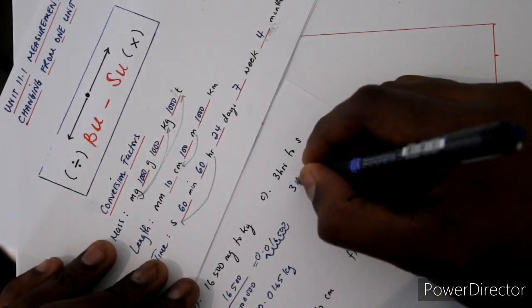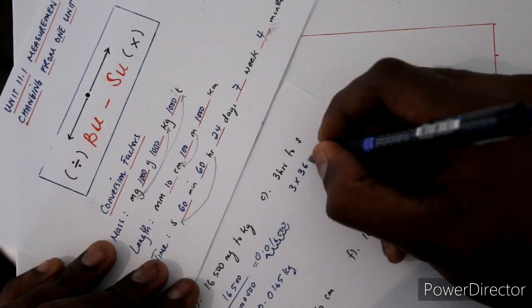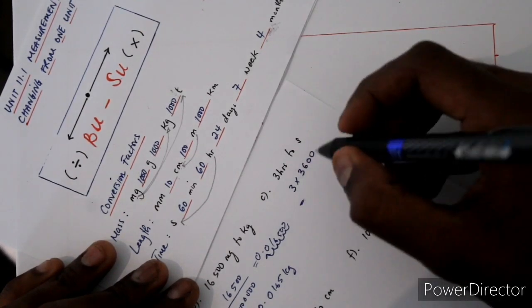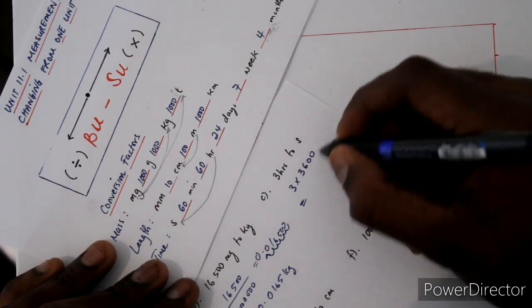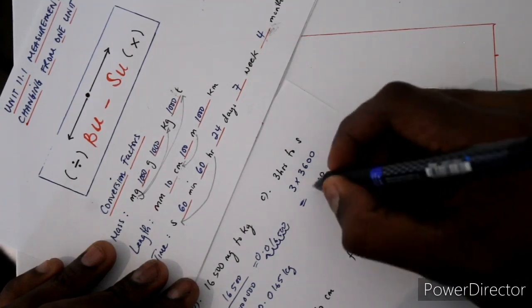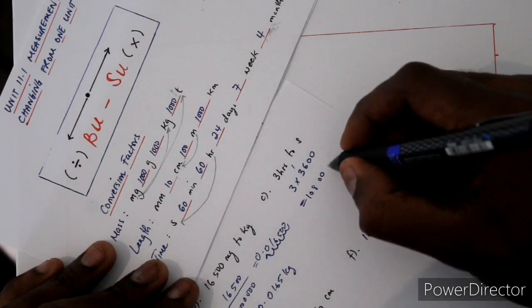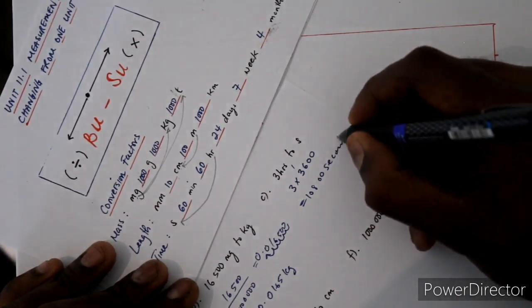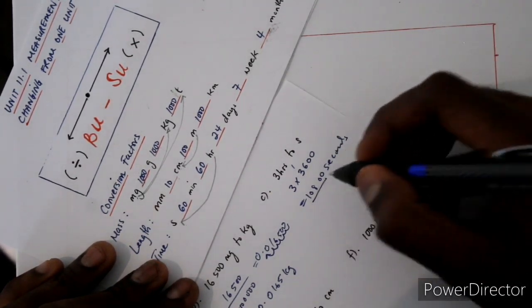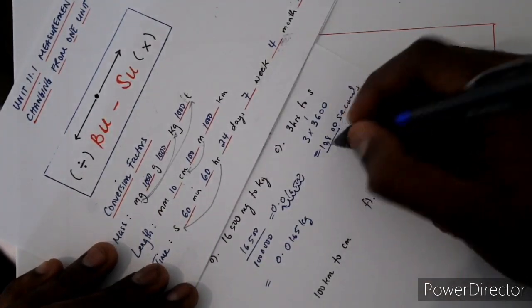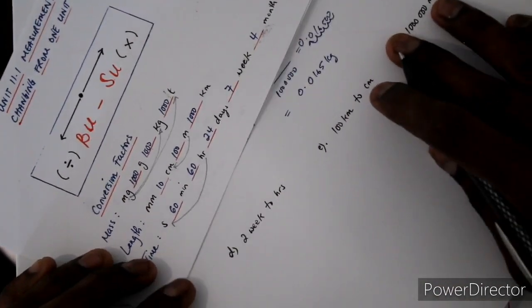Therefore we will have 3 multiplied by 3600. So you will see that you have 10,800 seconds there.